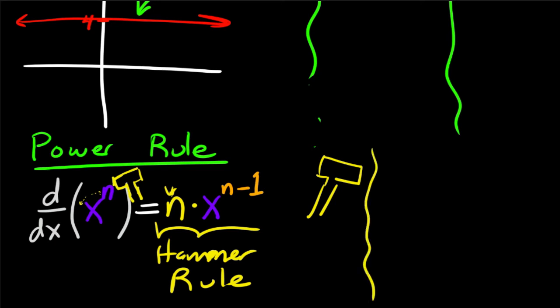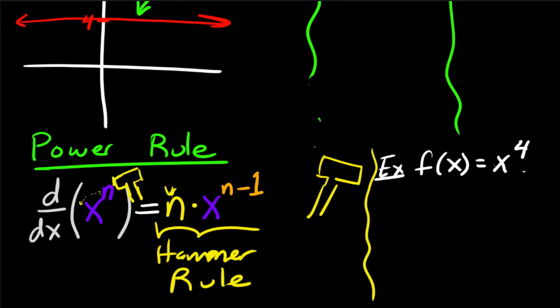So let's do an example. Let's say you've got x to the 4th, and you want to find the derivative of x raised to the 4th power. You go, oh, I know what to do.